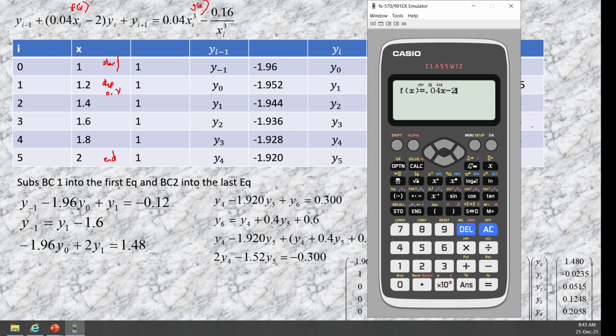Make sure you check properly. Gx is 0.04 x cube minus 0.16 over x cube. The starting value of x is 1.